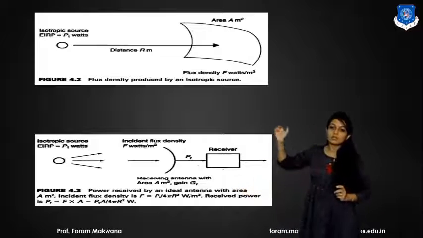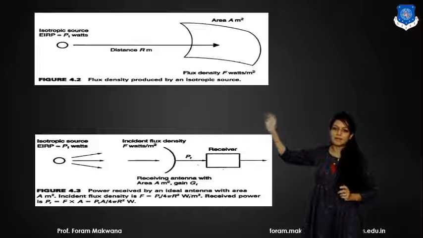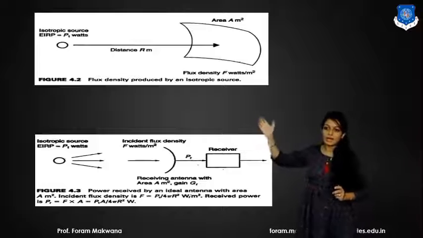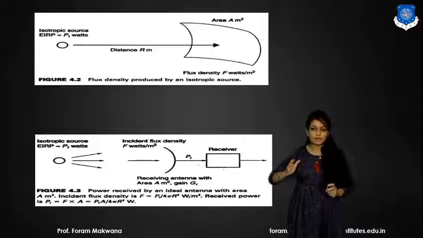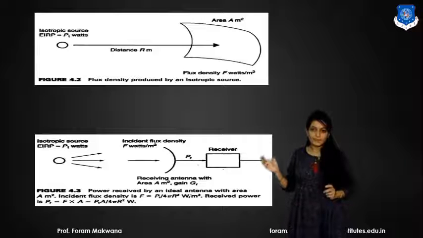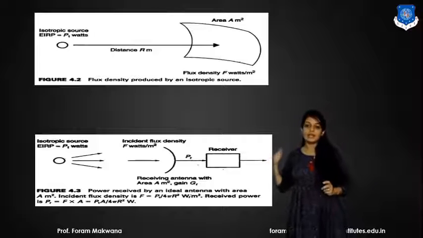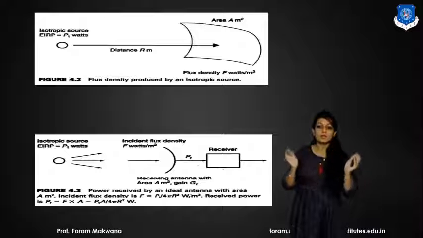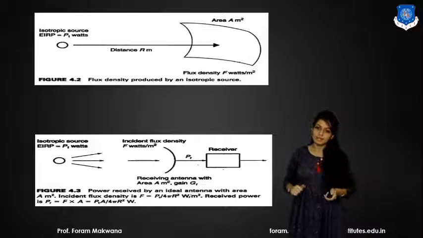The power transmitted by the isotropic source at a certain distance r is received, and that signal after receiving is called the saturation flux density, over a particular area of my antenna.